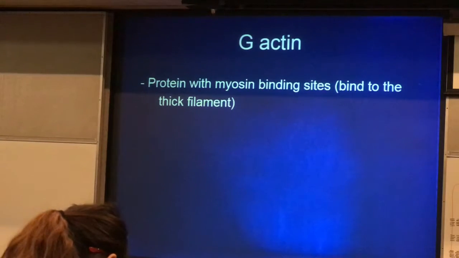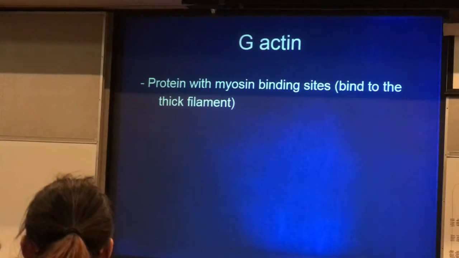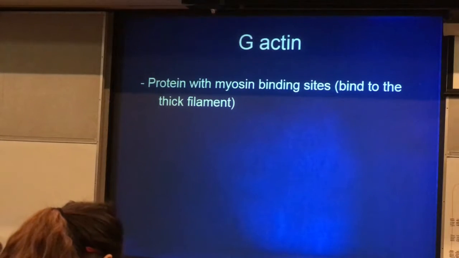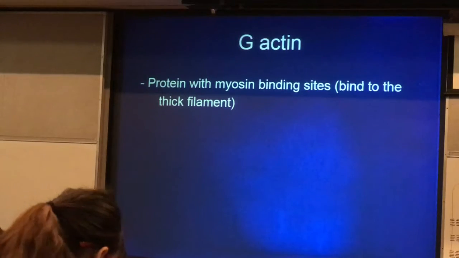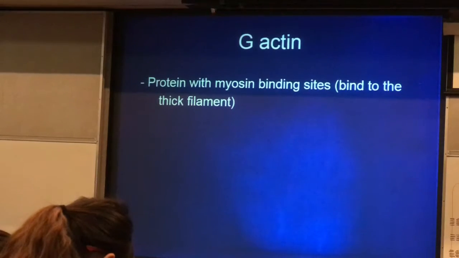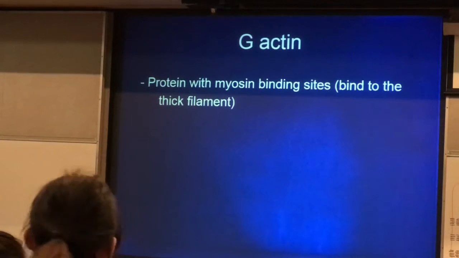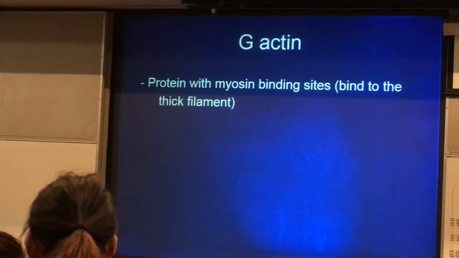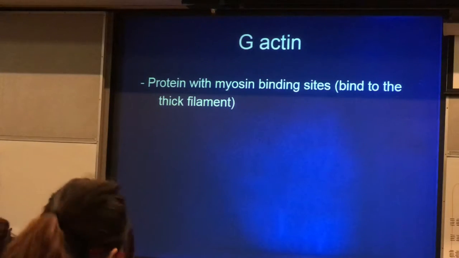So they're going to have these red structures, which I'm going to draw on here. And this is your myosin binding site.